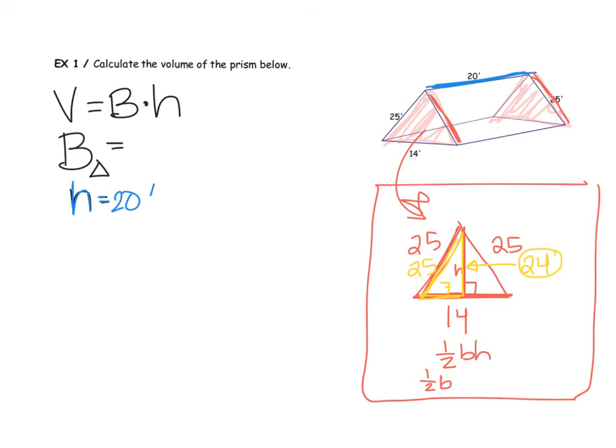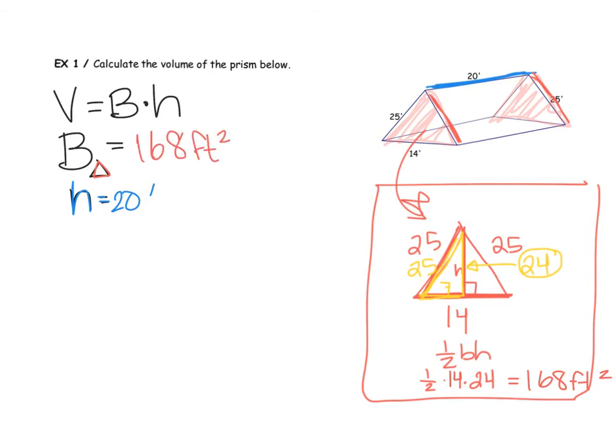So the height of that triangle is 24. So I have 1/2 times 14 times 24. Oops, let me fix that b. And then we get 168 square feet. So that is the area of my triangular base, 168, and that's square feet.